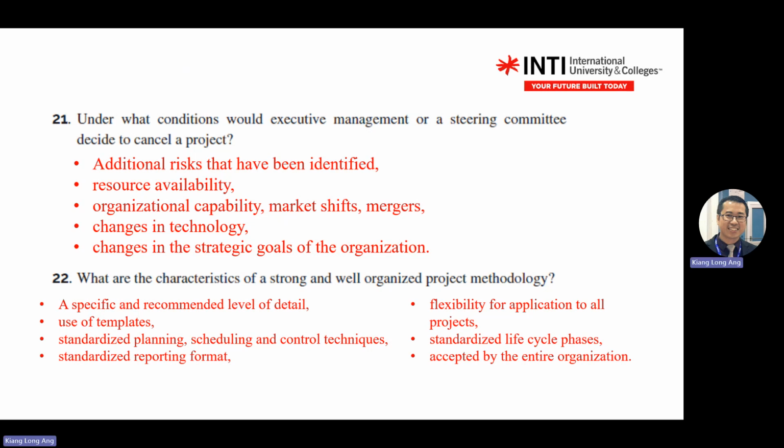A strong and well-organized project methodology means the method you use is standardized, uses templates, has a high level of detail, and is flexible, applying to all projects.